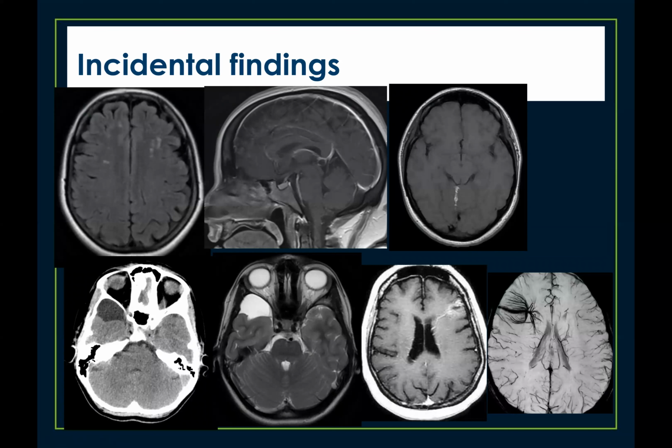With imaging, we might have incidental findings, and these may bring anxiety to our patients, and we have to give them some reassurance. Developmental venous anomaly is an embryological remnant draining normal brain, and usually of no clinical significance.